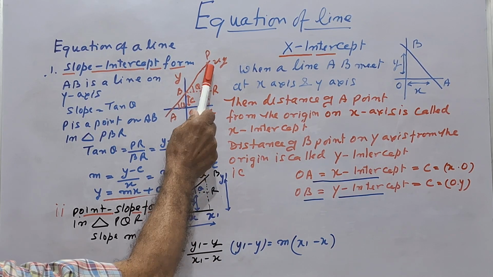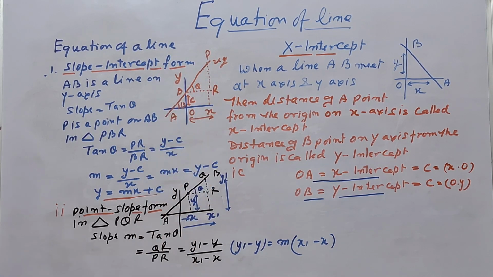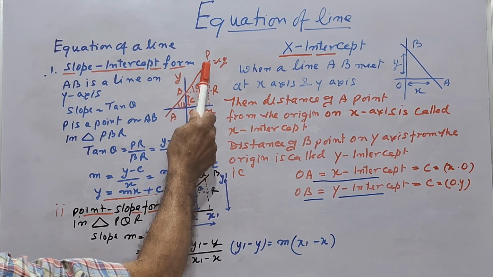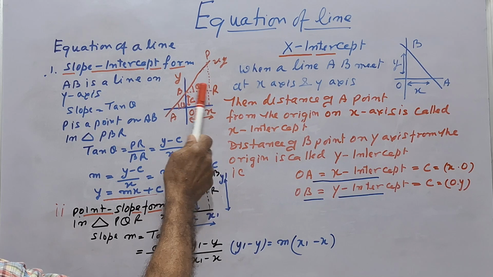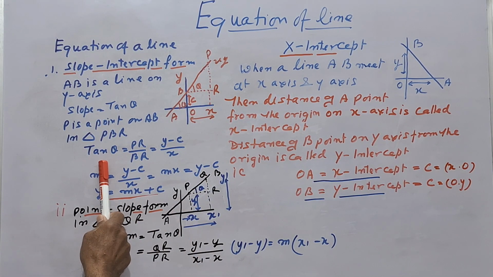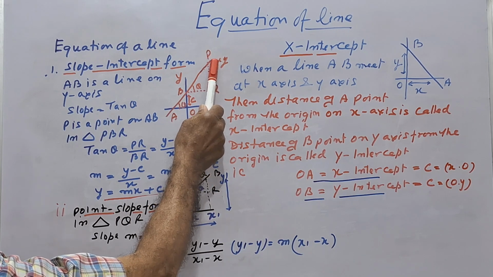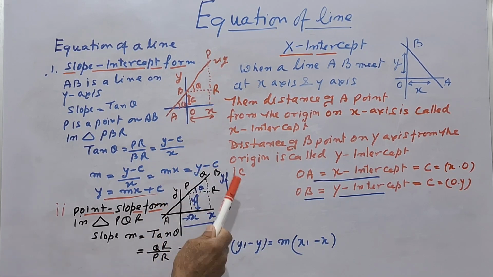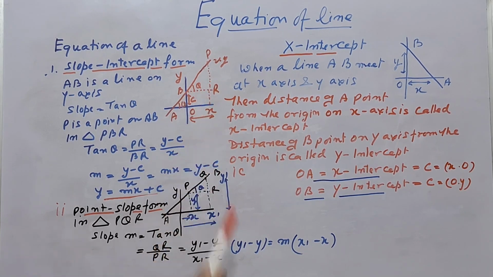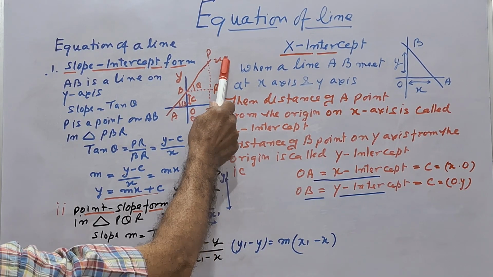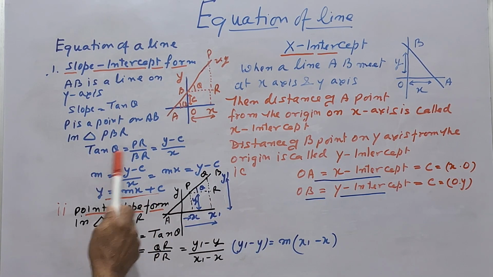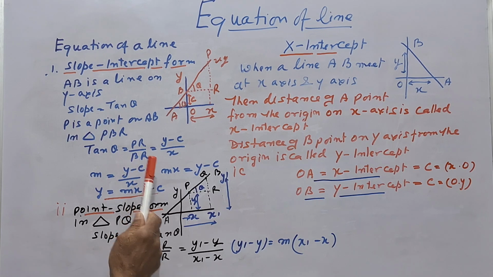Now a triangle PBR is formed. Now the slope is tan theta. This tan theta is PR upon BR, that is, PR is the vertical distance and BR is the horizontal distance. So tan theta is equal to PR upon BR.